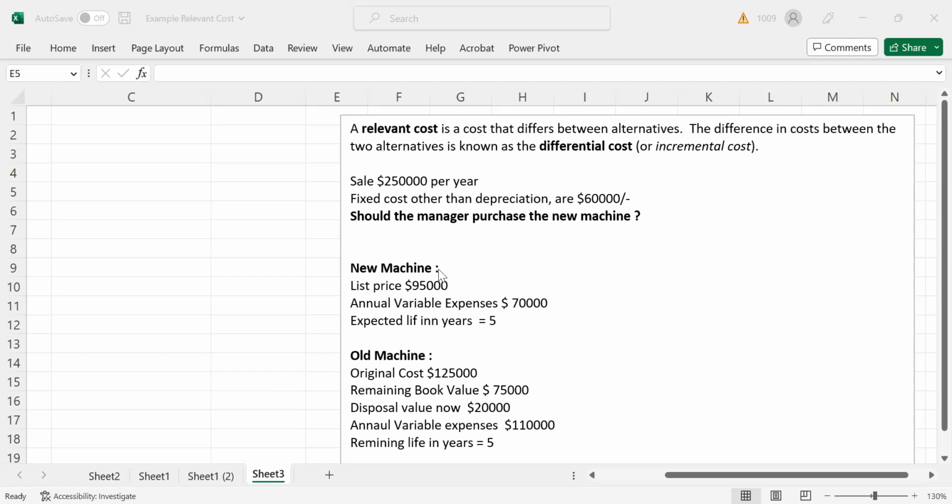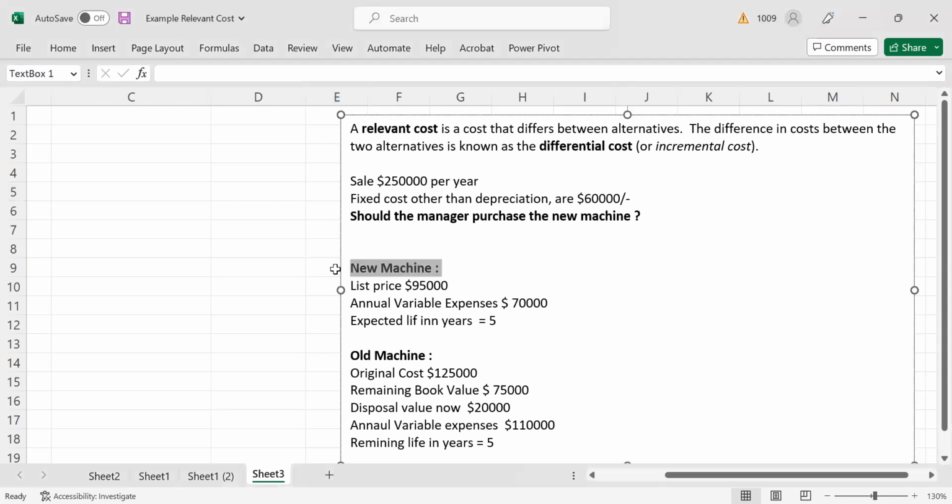With a new machine, the purchase price or list price is 95,000, the annual variable expenditure is $70,000, and the expected life of that machine is 5 years.